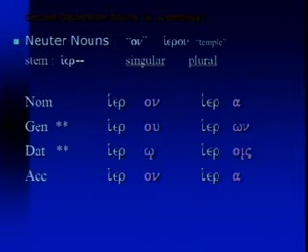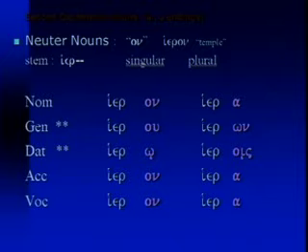In the accusative singular, hieron. In the plural, hiera. In the vocative, hieron in the singular and in the plural, hiera. Once again, those forms doing double duty for the neuter noun in the nominative case, but also notice in the accusative.